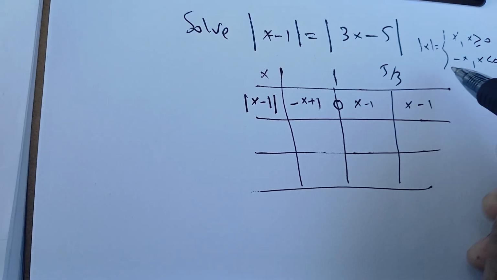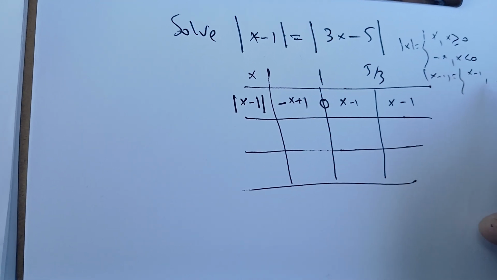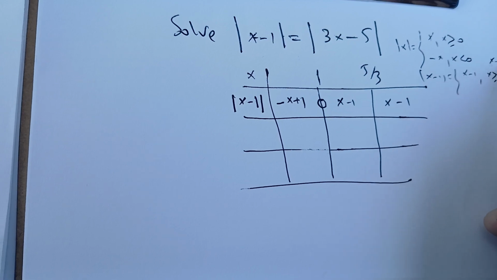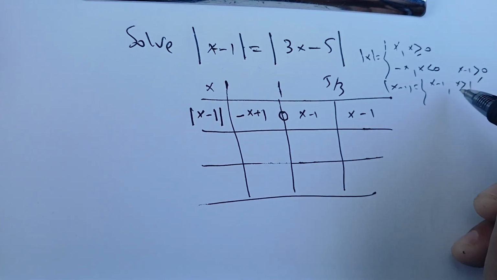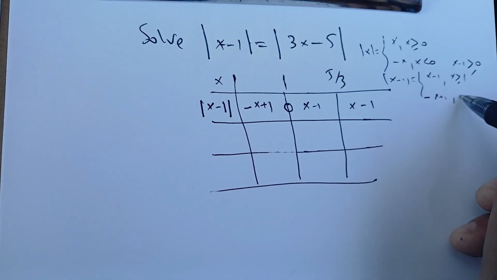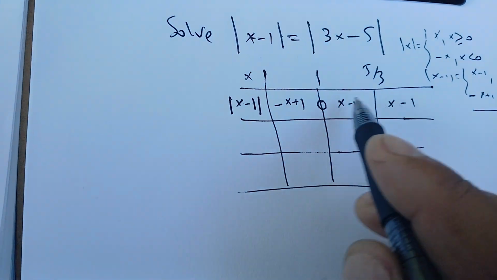So in our case, x minus 1 is positive when x is bigger than 1, that means x minus 1 is bigger than 0. And it's minus x plus 1 when x is less than 1. Okay, that's how we think of it this way.